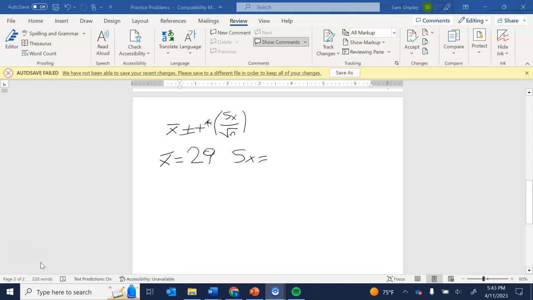Then go to stat, and hit the right arrow to the calc column, and do 1-var stats, hit enter. Hit enter, hit enter, hit enter.